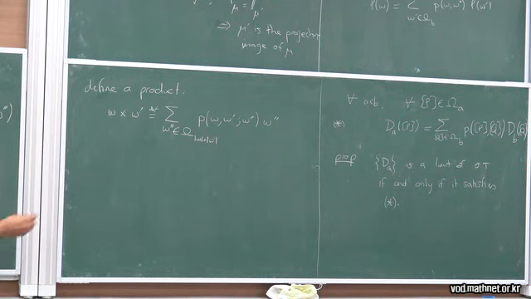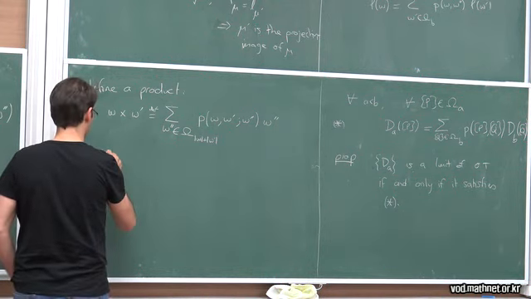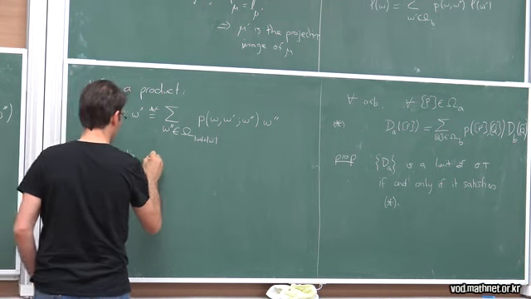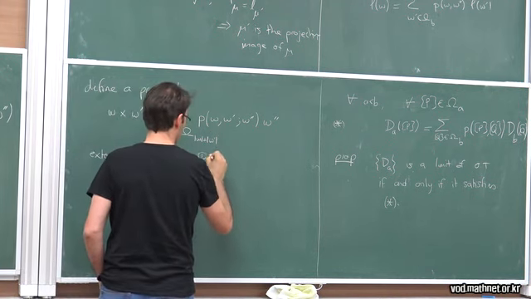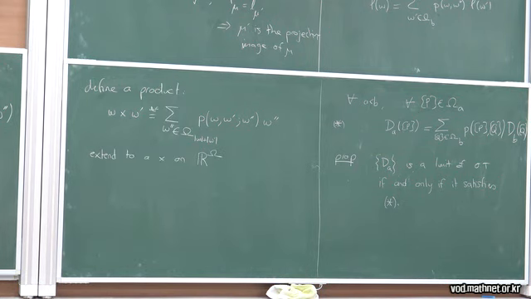So I can extend it to a product on the weighted sums of order types just by linearity.